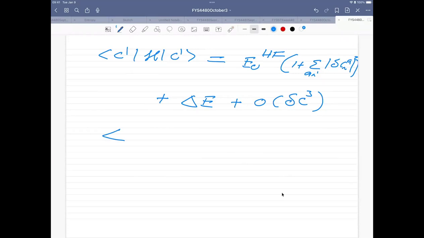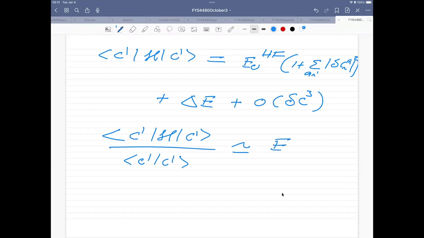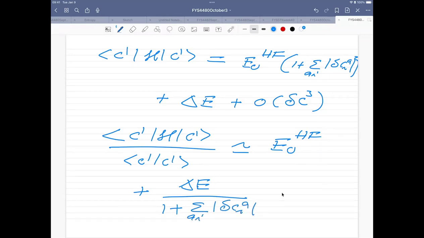So if I divide by this one, I'm going to get that C prime of H of C prime divided by C prime of C is going to be equal to E0 Hartree-Fock plus delta E divided by 1 plus the sum of AI, and then I have a delta CIA squared. There's an approximation when I keep only terms to delta C squared.